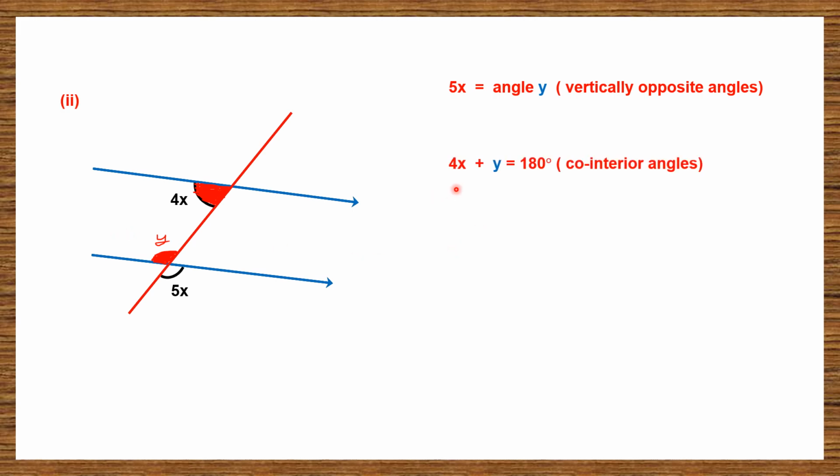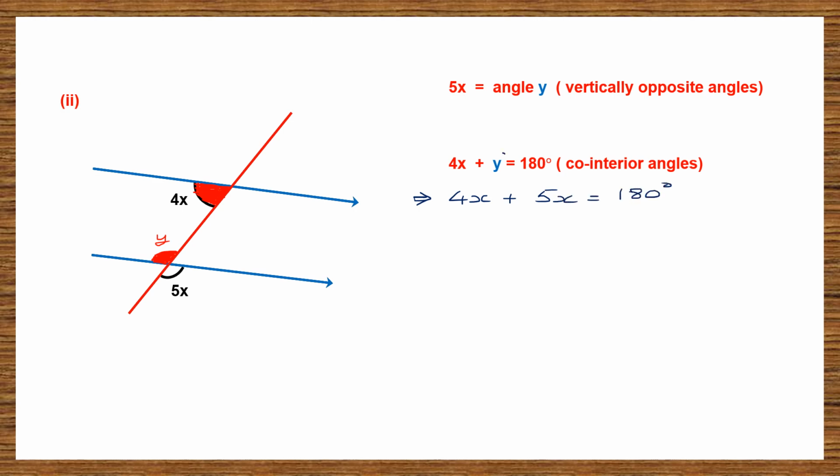So 4x plus y is equal to 180 degrees, because they are co-interior angles. And what is the value of y? Here we said angle y is equal to 5x. So let's substitute for y. Let's write 5x. So this will be 4x plus 5x is equal to 180 degrees.